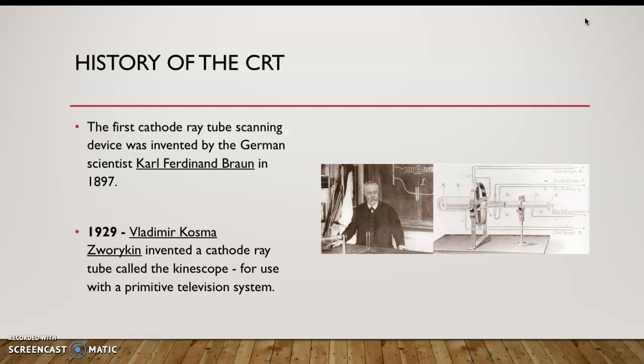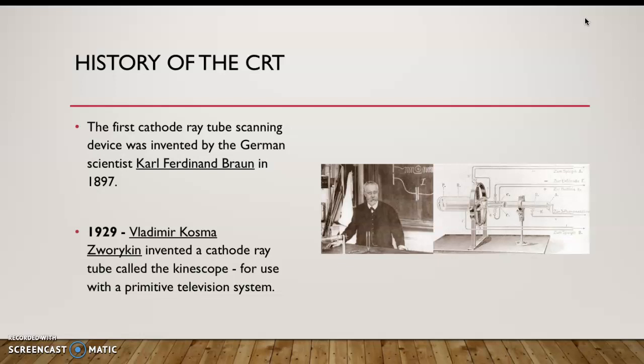The history of the CRT. Now, the CRT was discovered in the late 1800s, but the technology for mass production wasn't there until the 1930s. The first cathode ray device was actually invented by a German scientist, Carl Ferdinand Braun, in 1897.